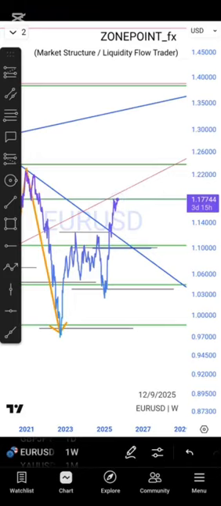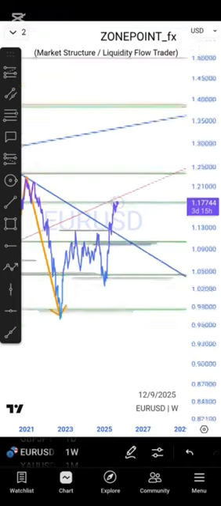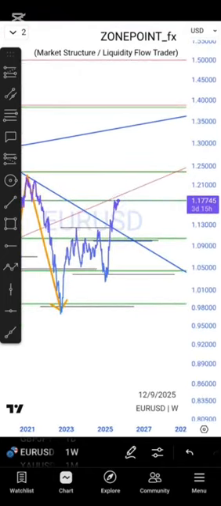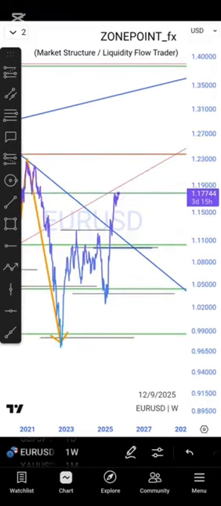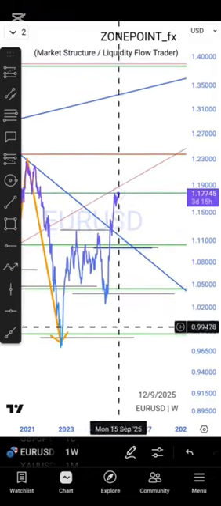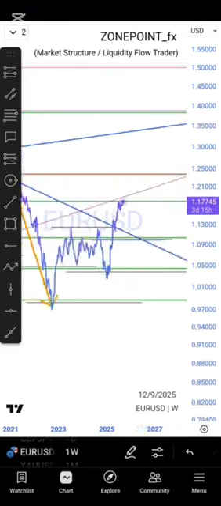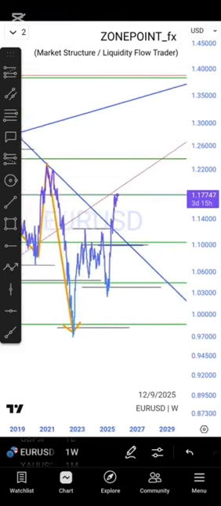Hope you guys are following me. But because of this trend line and the imbalance we saw earlier, we are not expecting price to come to this level and break this trend line downward. That's another miss on our daily time frame.